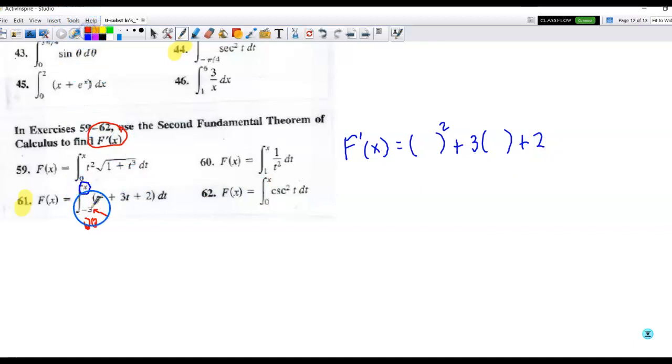As we said, the new function is x, so after I take out the dummy variable, or the t, I put in the new function. And then lastly, I'm going to multiply by the derivative of the new function. The new function is x. So I'm going to take this expression and multiply it by the derivative of x, which in this case happens to be 1. So the derivative of big F is simply x squared plus 3x plus 2.